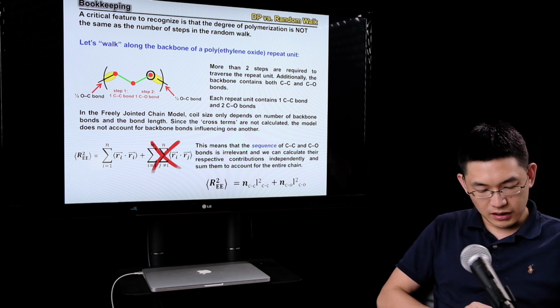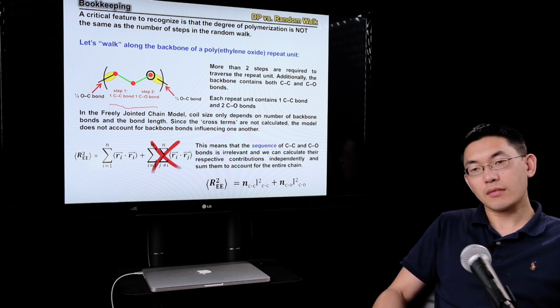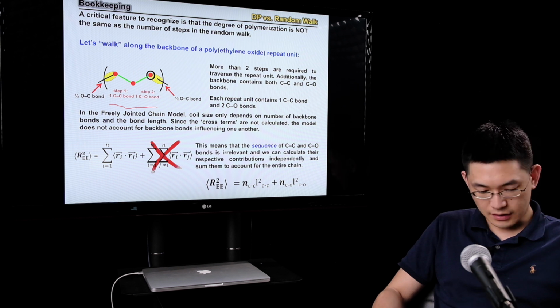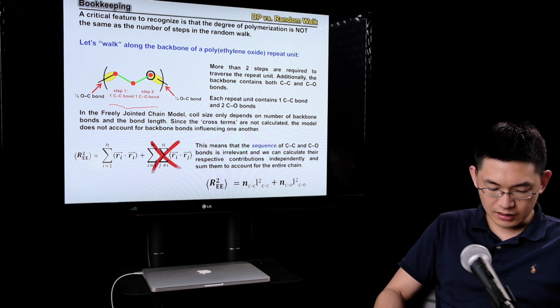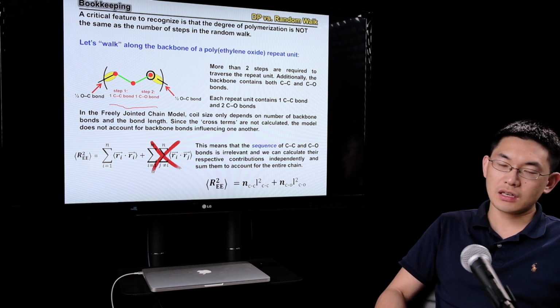So this repeating unit will be different from what the previous case has shown. Again, in the free joint chain, because of the free joint chain model's intrinsic ability to cancel out those turns, your cross term will be equal to 0. So what is only left is the self term, and the self term you can also treat as 2 separate bonds, and it's just a matter of counting the bond number as well as the bond length.